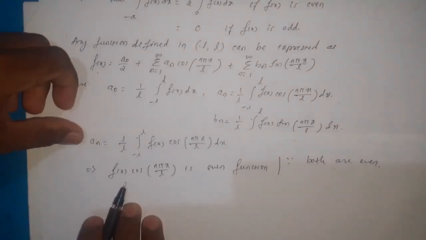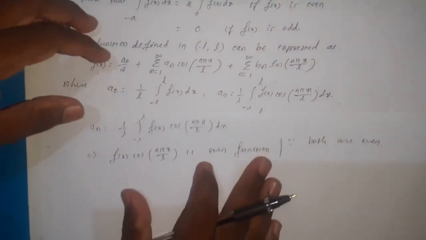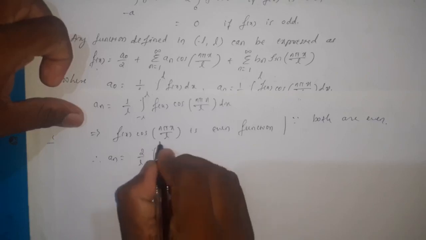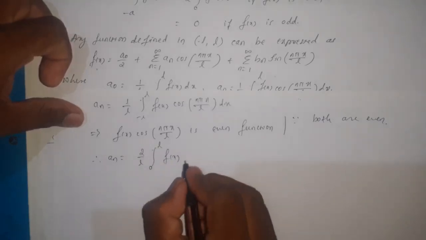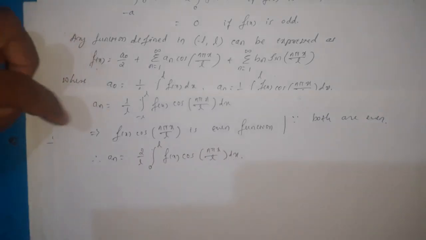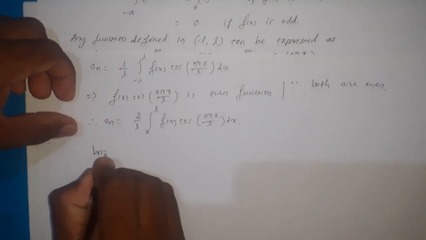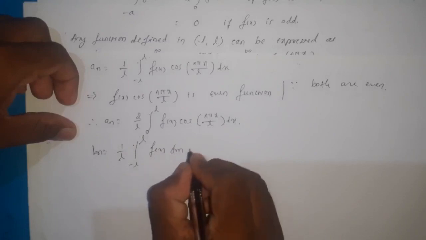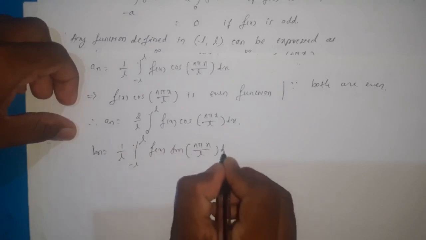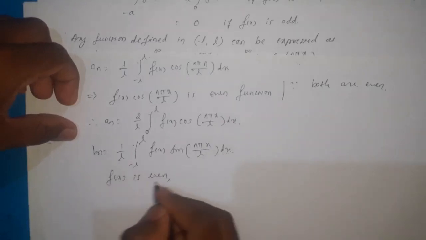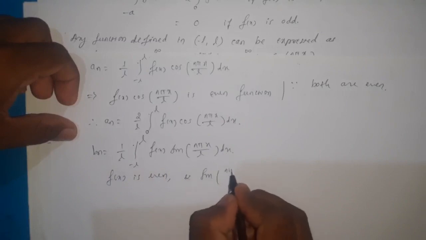So if the function is even, then minus L to L can be written as 2 times 0 to L. So therefore a n equal to 2 by L integral 0 to L of f of x cos n pi x by L dx, that is a n. And next b n. So b n equal to 1 by L integral minus L to L of f of x sin n pi x by L into dx. So here f of x is even, it is given, and we know that sin theta is an odd function.